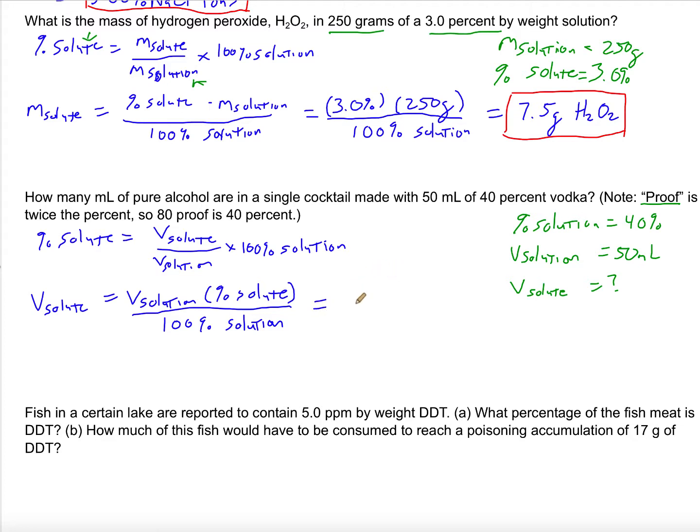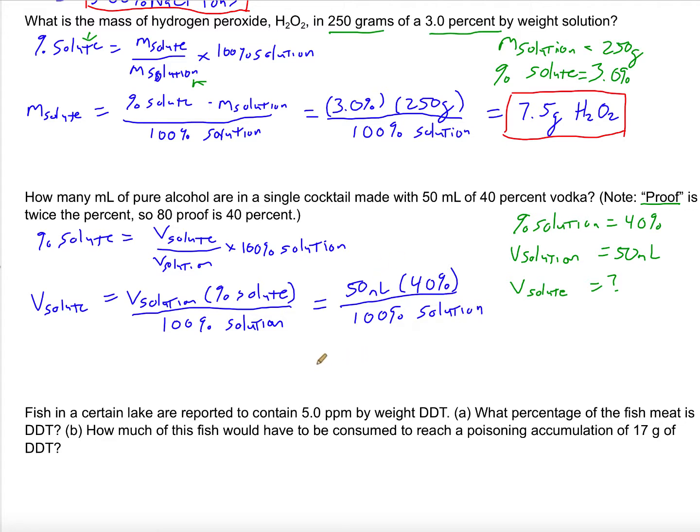The volume of the solution is 50 milliliters. We know the percent of the solute. We're going to multiply that by 40%. And we're going to divide that by 100% solution.